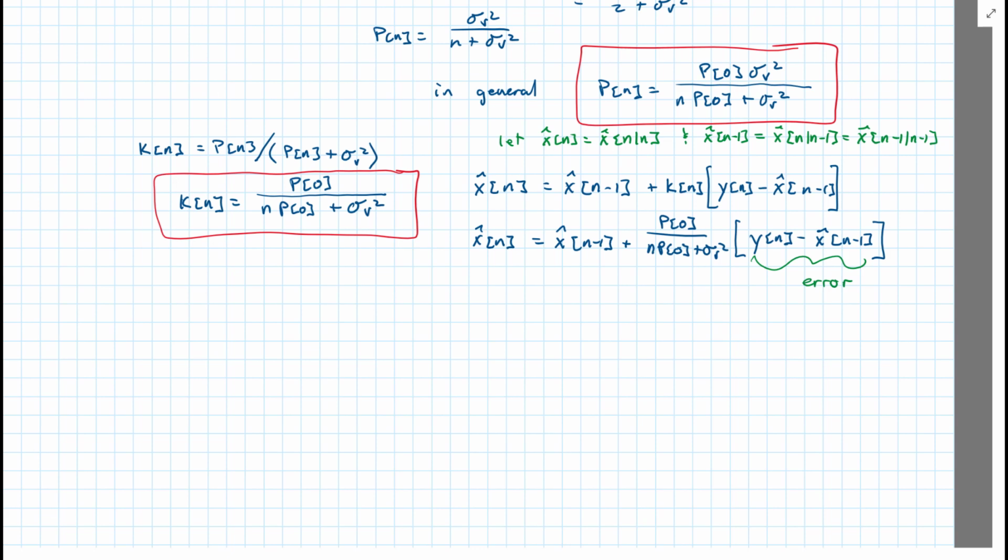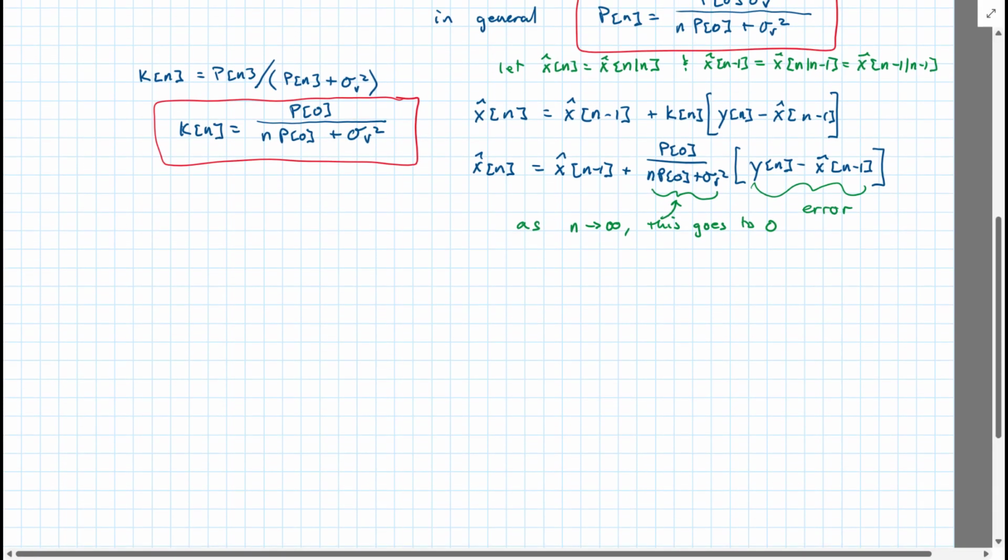So, a few observations here. One, as n goes to infinity, this quantity right here goes to 0. In other words, we stop updating.